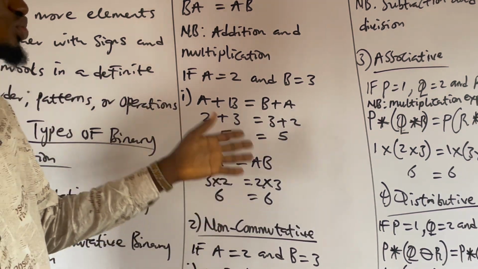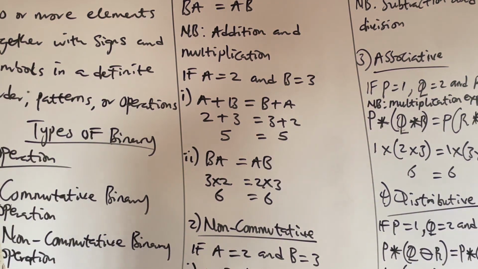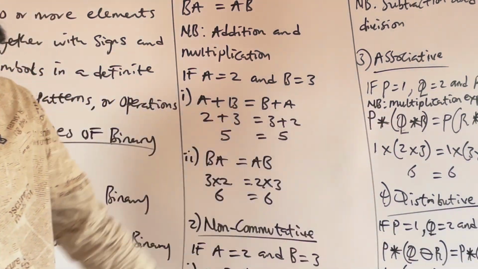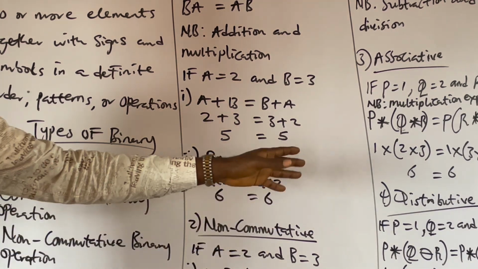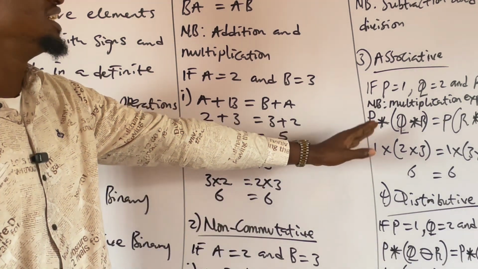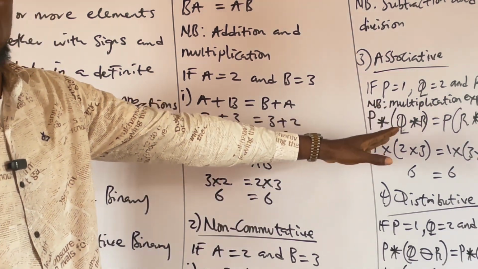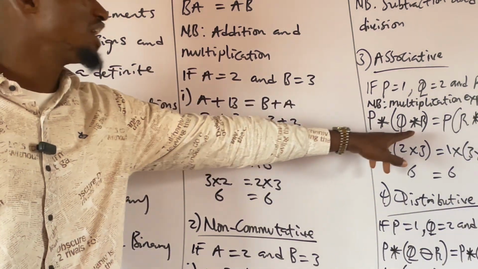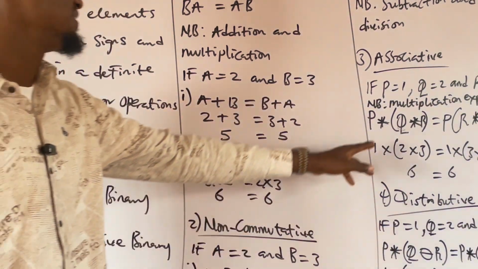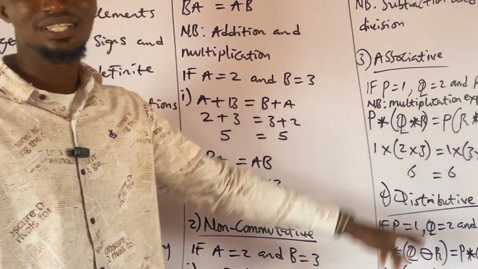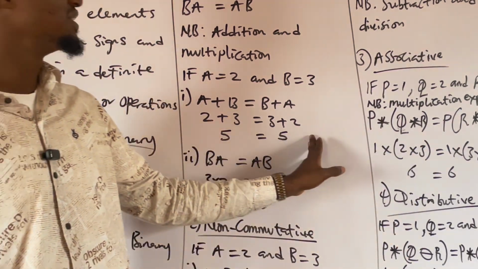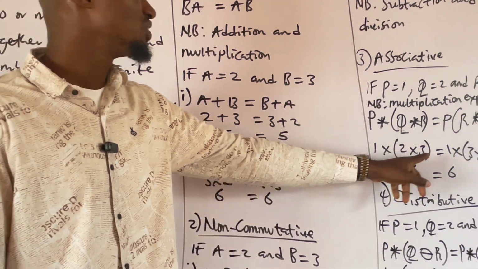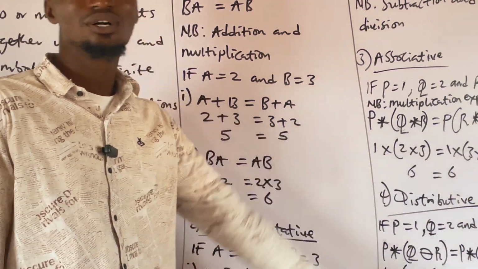In a nutshell, it is a multiplication expression. As you can see, we have P, Q, R, and we use asterisk, which represents times. 1 times 2 times 3 gives us 6, and the other one there also gives 6.